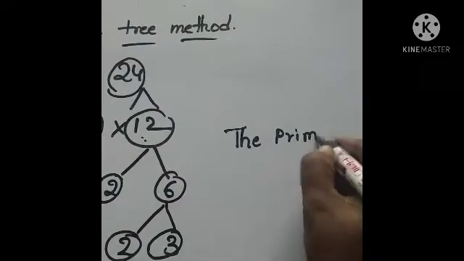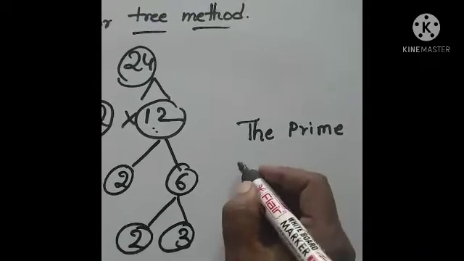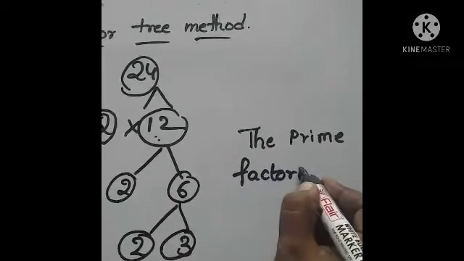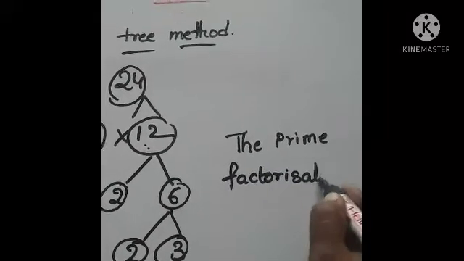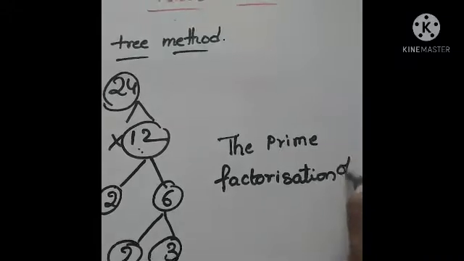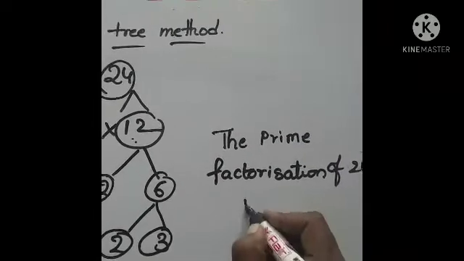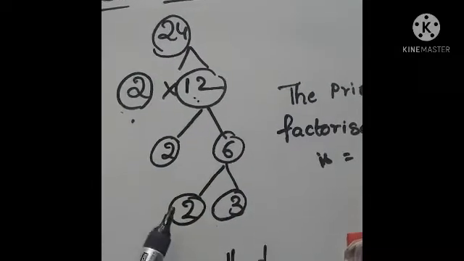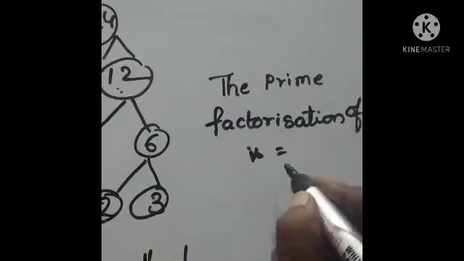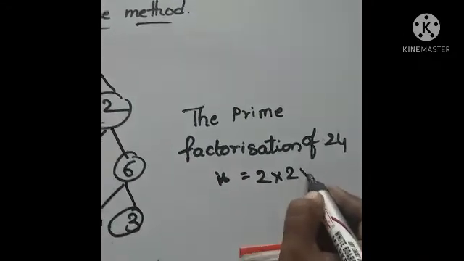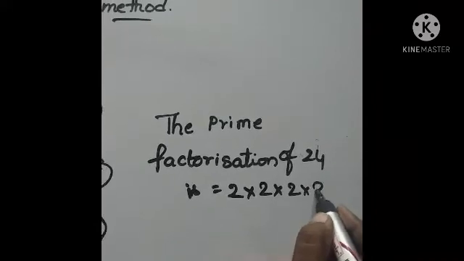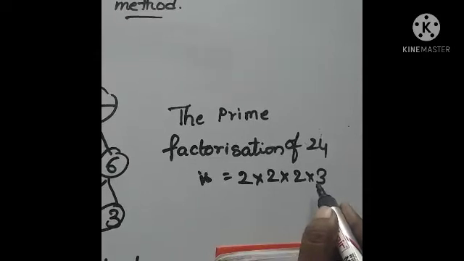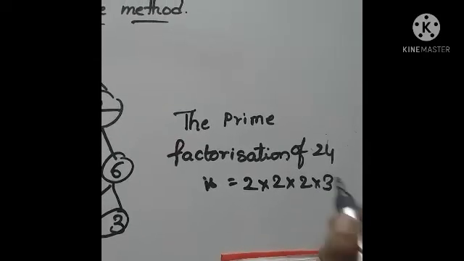The prime factorization of 24 is 2 into 2 into 2 into 3. 2 2s are 4, 4 2s are 8, 8 3s are 24.